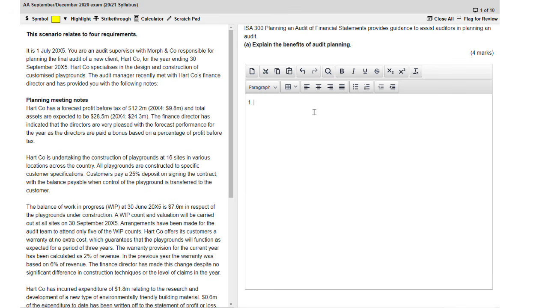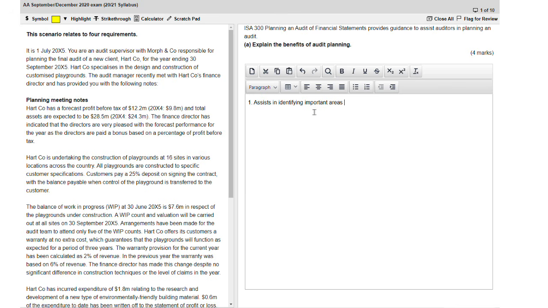One of them, which is the most important, is that it assists in identifying important areas in the audit, or you could say important audit risks.